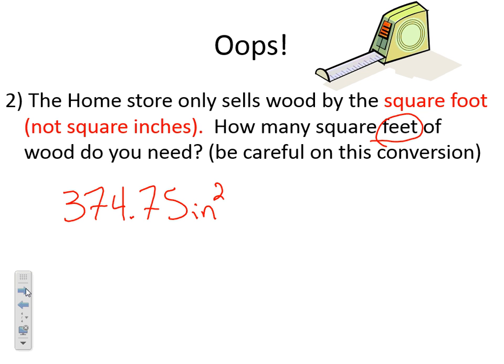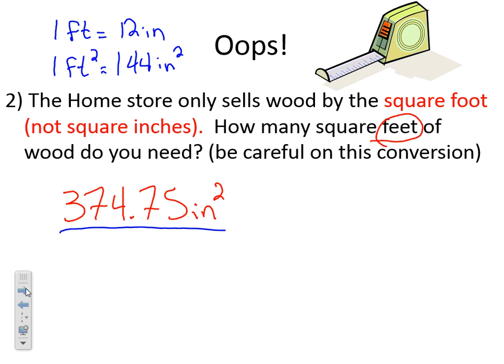So remember, just like our last one, when we're converting from inches to feet, it's going to be a little bit different. When I go from 1 foot, that's going to equal 12 inches. But now when I go to 1 foot squared, if I want inches squared, I have to take 12 squared, which is 144. So there's 144 inches squared for every 1 foot squared.